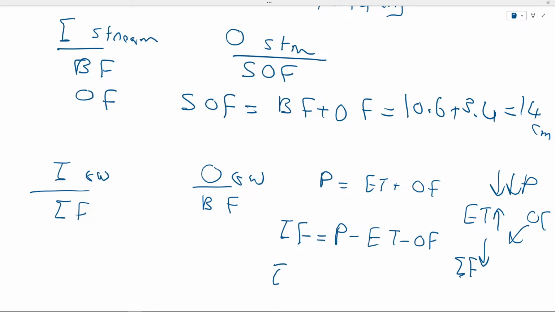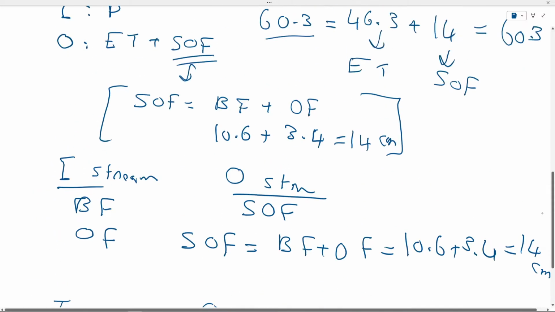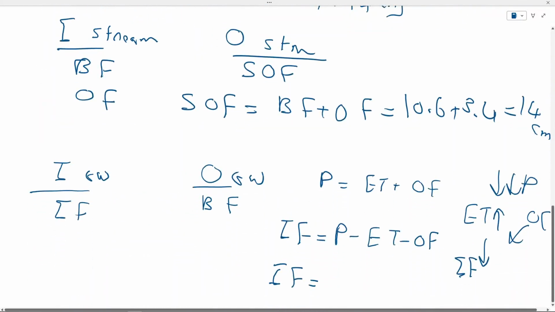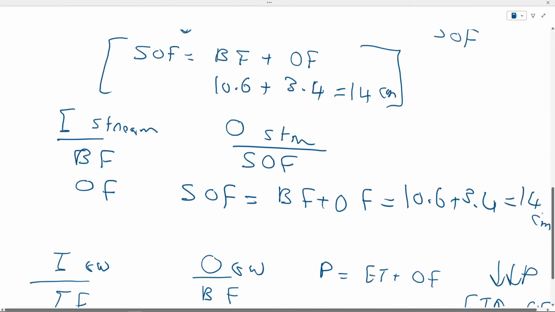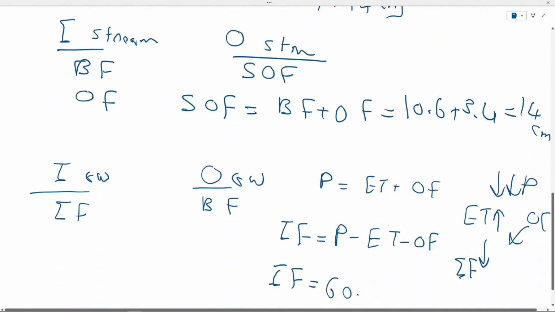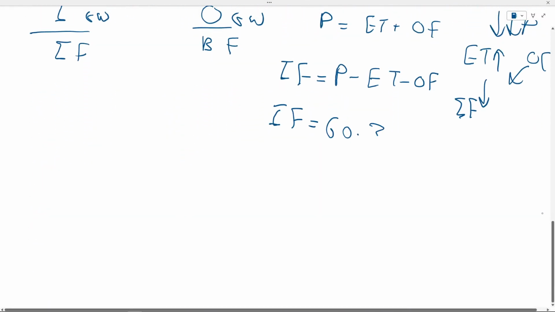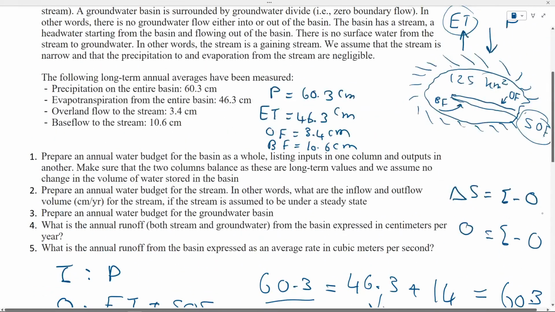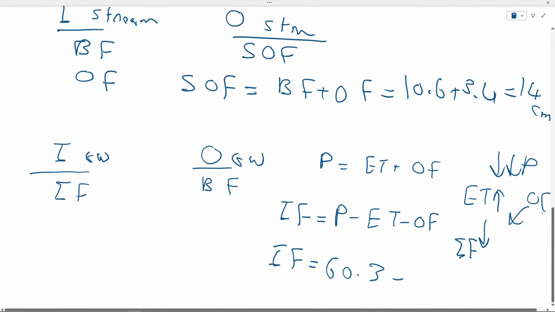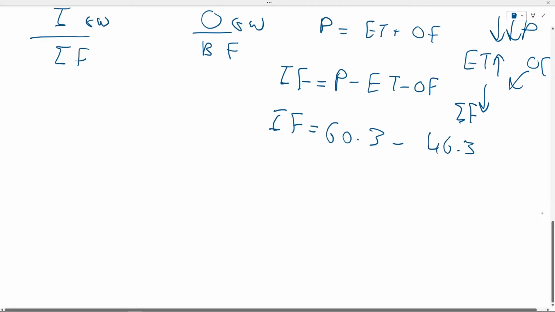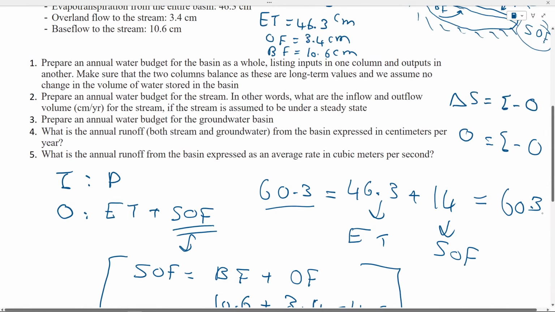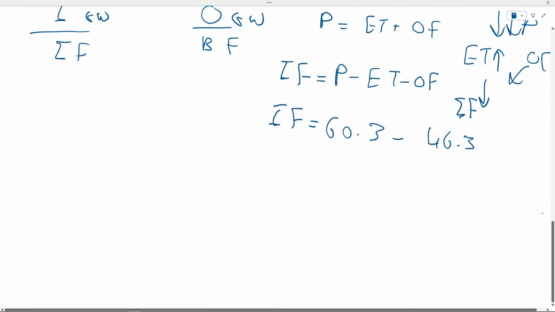So let's look at this one. Infiltration is equal to precipitation, which is 60.3, minus ET, 46.3, minus the overland flow, 3.4.